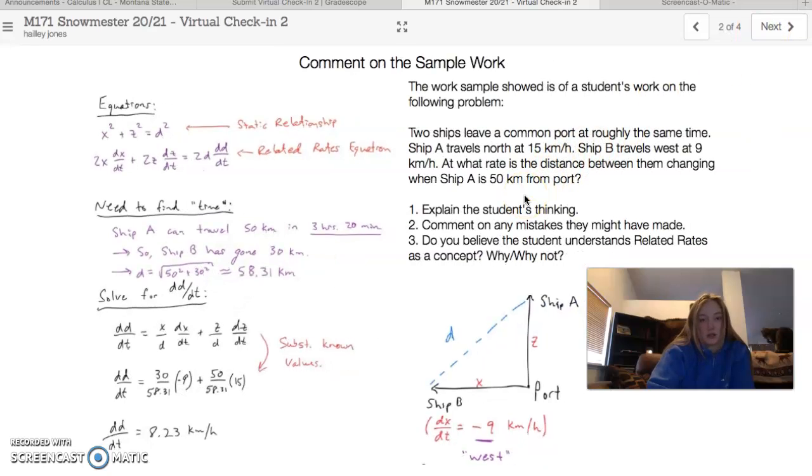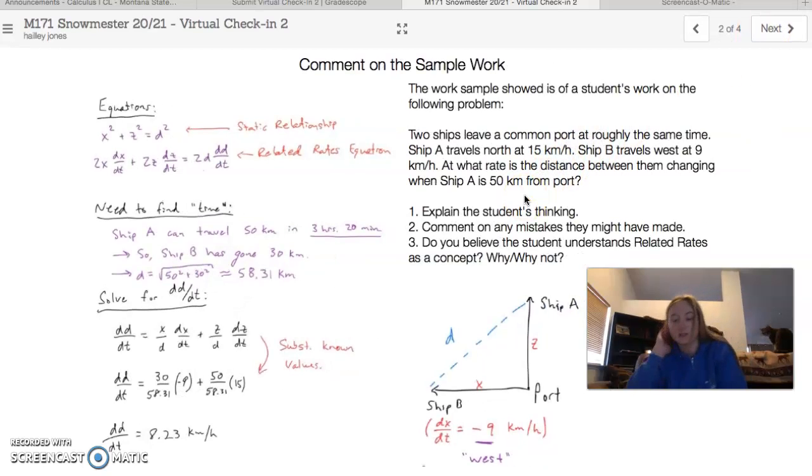So starting on this first question, I actually went ahead and did it out on my paper right here, so I'm just going to be reading from that. For their equations, it looked like they set it up right. They added the implicit derivative after they took the implicit derivative.